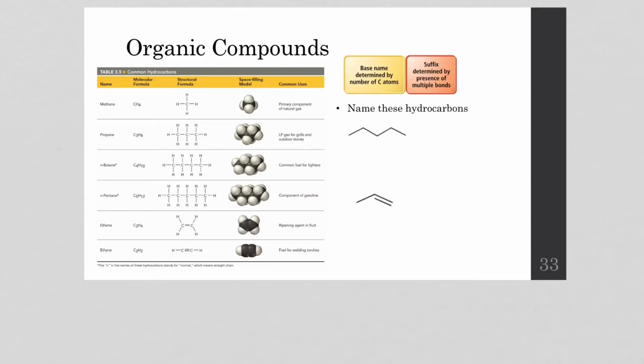If you look at the table here, we can look at what are called hydrocarbons. These are the types of compounds that we're going to name, and these are compounds that contain only carbon and hydrogen. Now, where the differences come and why we name these differently has to do with a couple of factors.